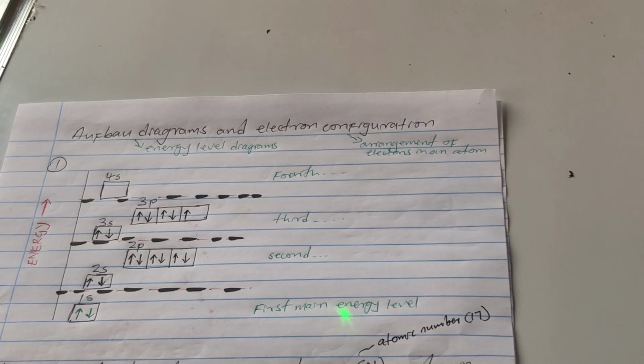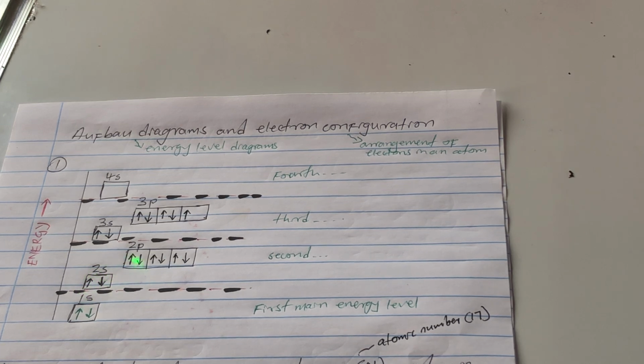This is the first main energy level. Then you represent the second energy level by putting a box above 1s, and this one will be named 2s.